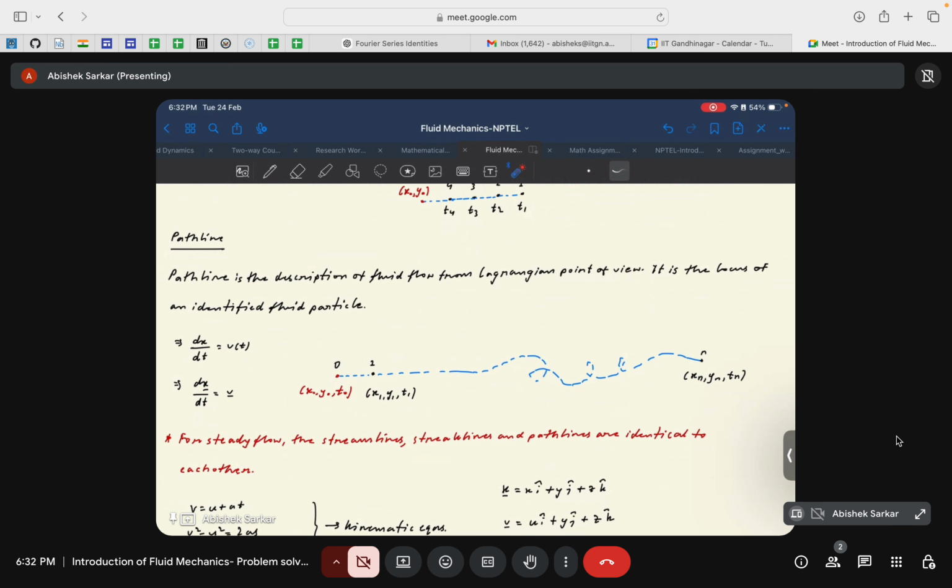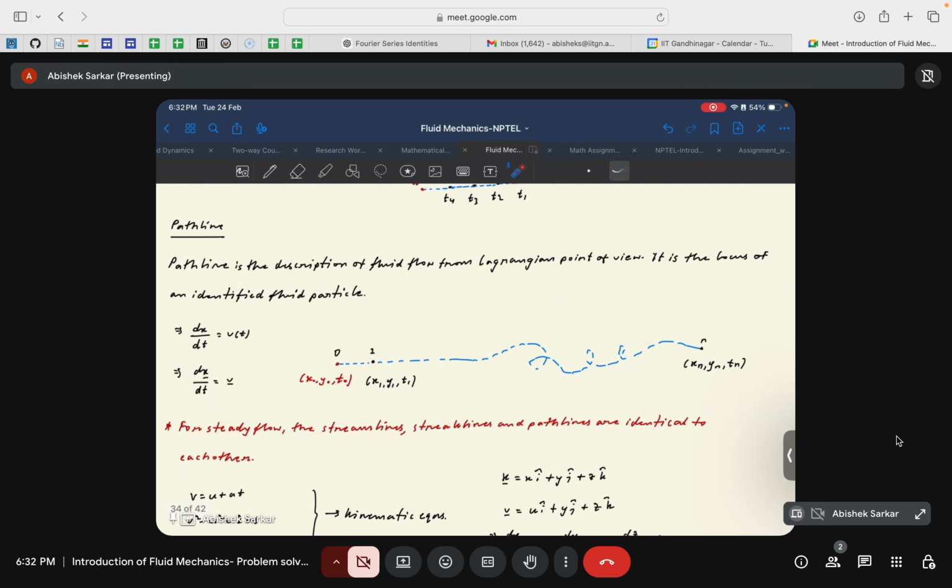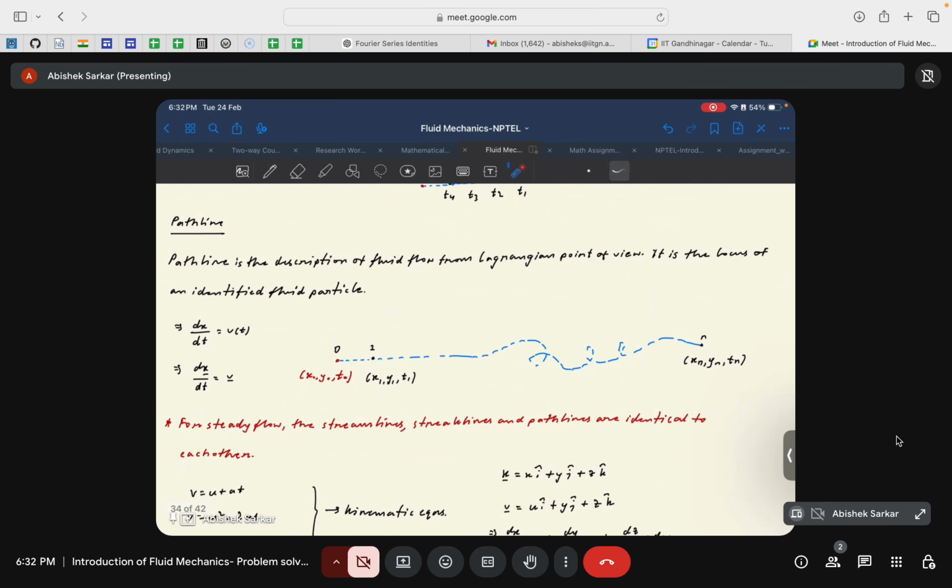Similarly, path line is also defined in a way, and it is actually the basic governing equation for any kind of Lagrangian analysis. The major governing equation is this one. We discussed it already in the previous lectures, but let us just revisit.